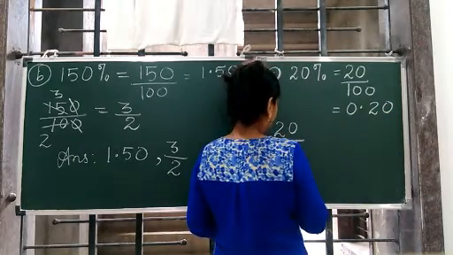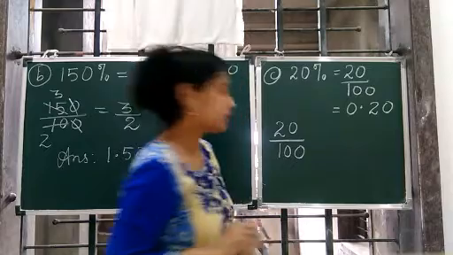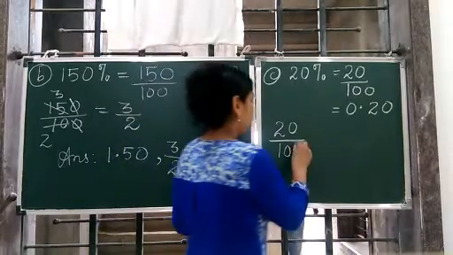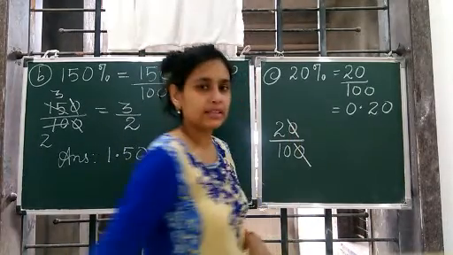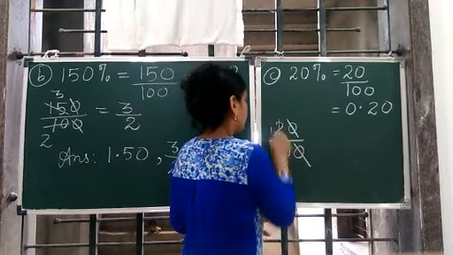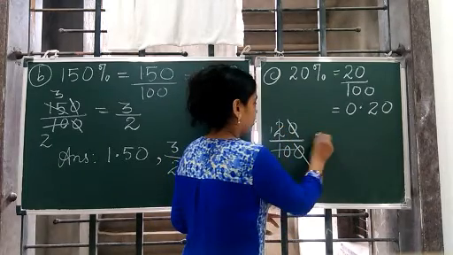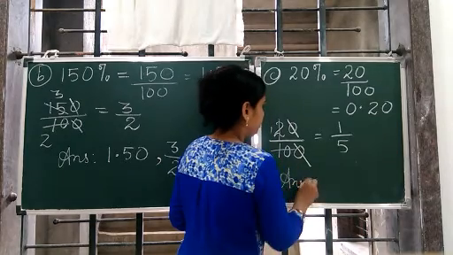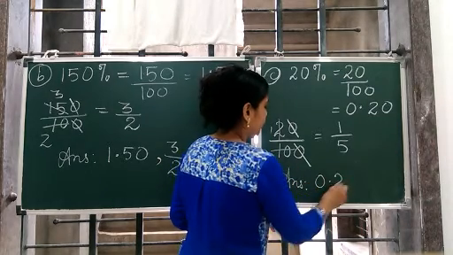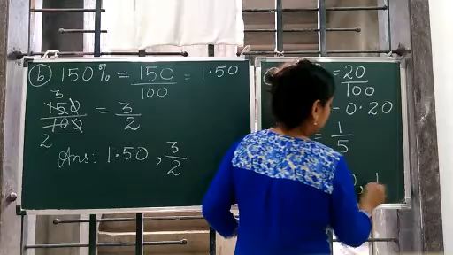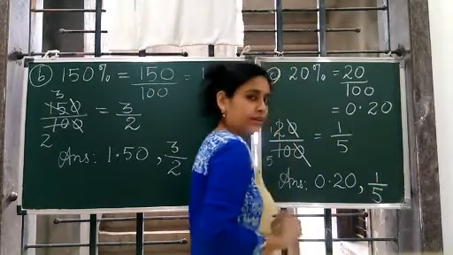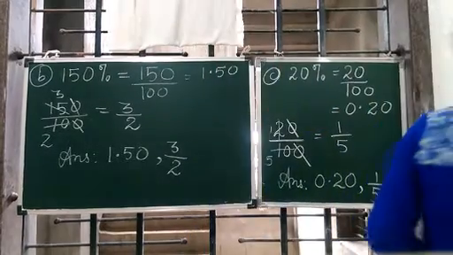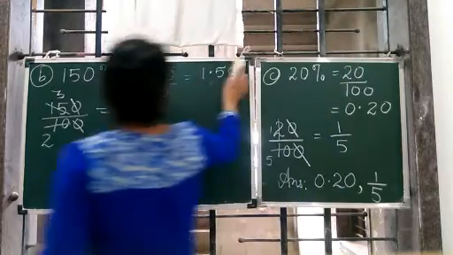Now we convert it into its simplest form. 0 0 get cancelled. 2 ones are 2. 2 5s are 10. So 1 by 5. Answer is 0.20 and 1 by 5. This completes C.